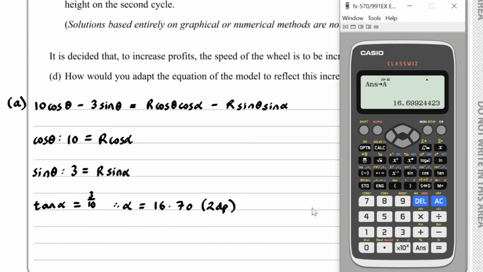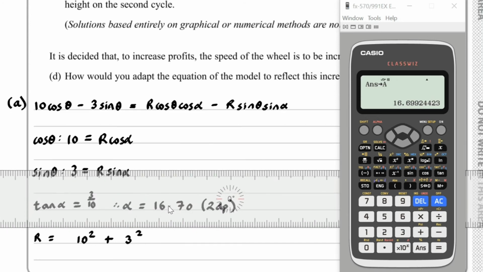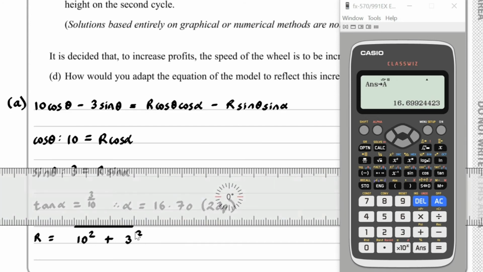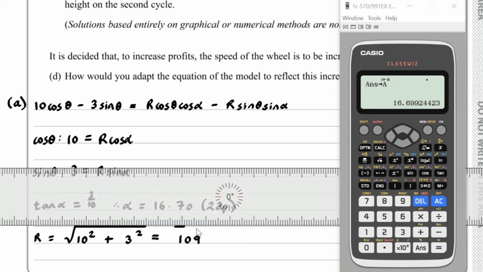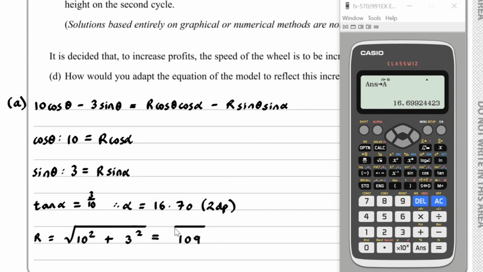I'm going to store this into A. Now r is quite straightforward to find. We've got 10 squared plus 3 squared, and then we square root this. So it turns out we get square root of 109.